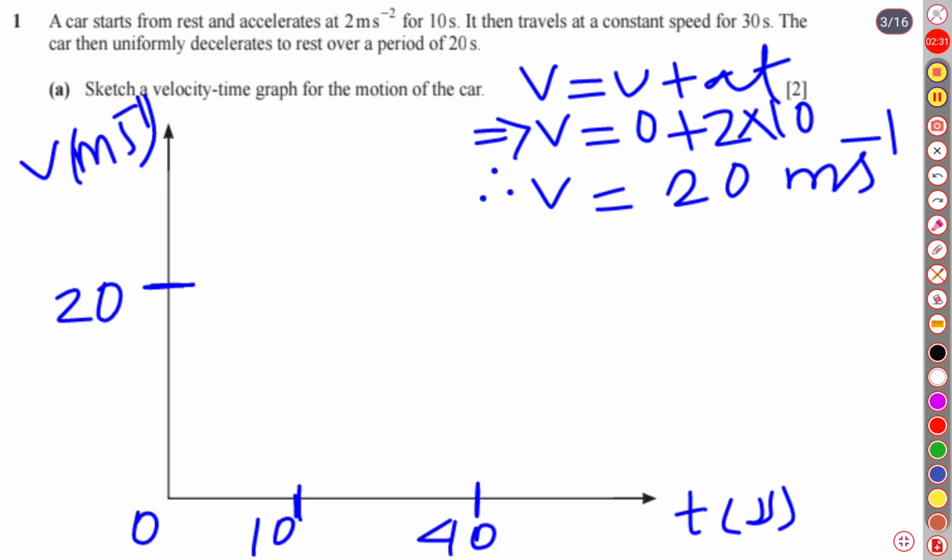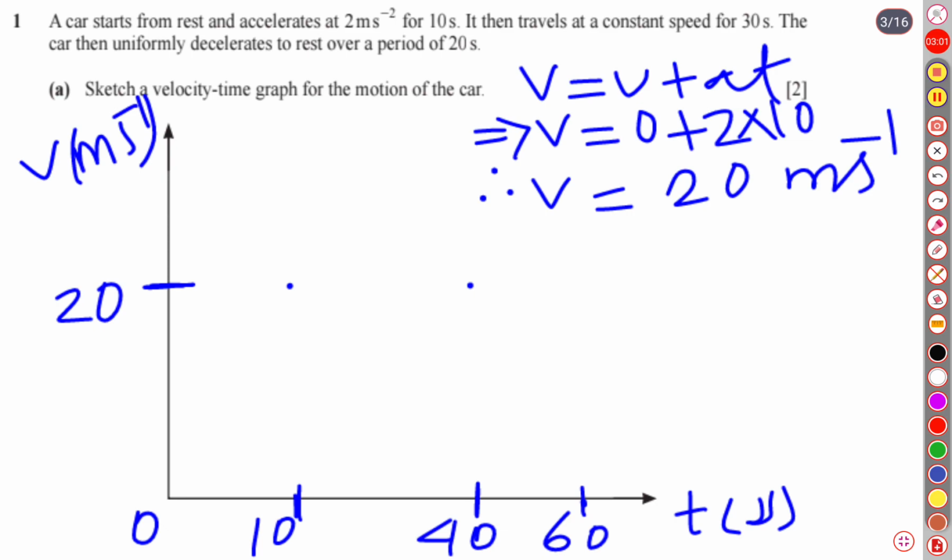Okay. After that, in the third phase, the car then uniformly decelerates to rest over a period of 20 seconds. So 40 plus 20, it is going to be 60 seconds. So there are three phases. So first phase is here 10 seconds. Then until 40 seconds, it was moving at a constant speed. Then last of all, it came back to rest. So let's start. As it started from rest, it will start from 0.